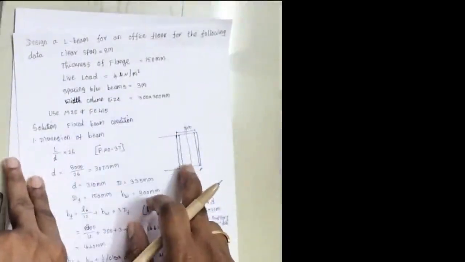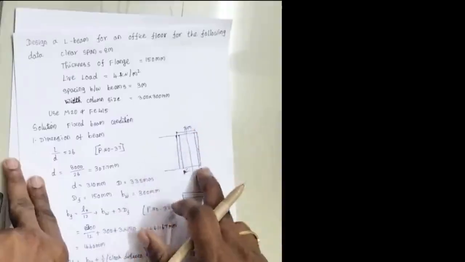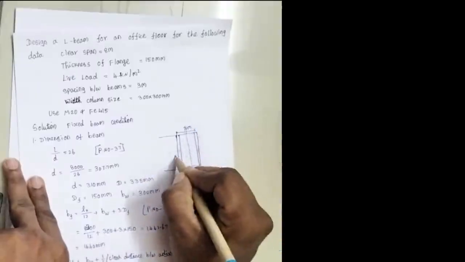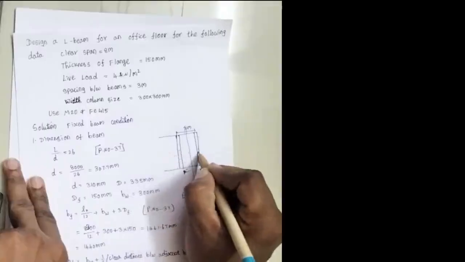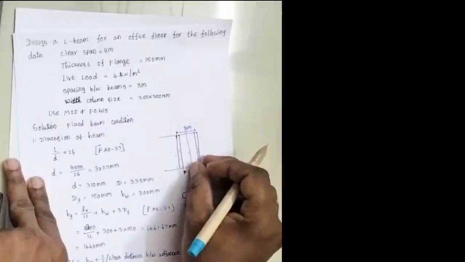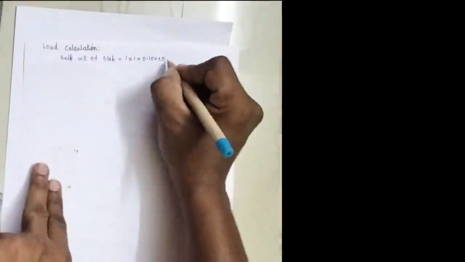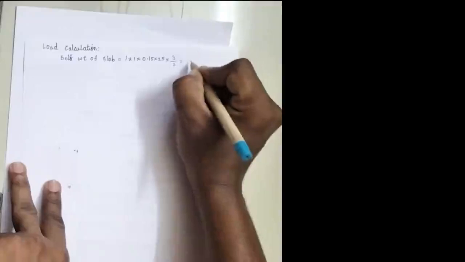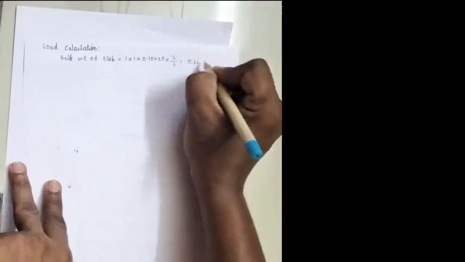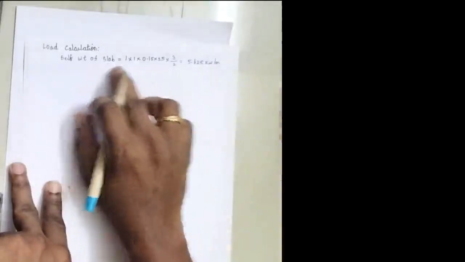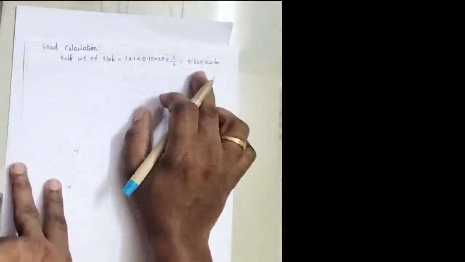As I already explained, half of the load will come to this L beam. This is going to be our L beam, and this is going to be the T beam. So in order to get the value on this L beam, we need to multiply it by half of the spacing, that is 3 by 2. If you solve this, we will get the value as 5.625 kilonewton per meter, because the slab load is getting converted to the load on the beam.